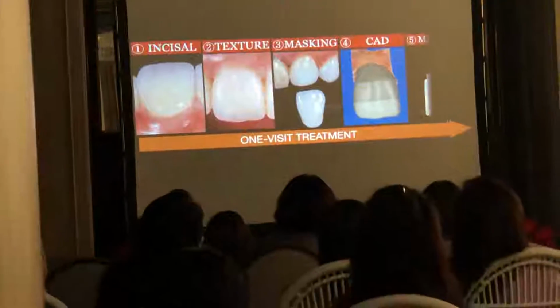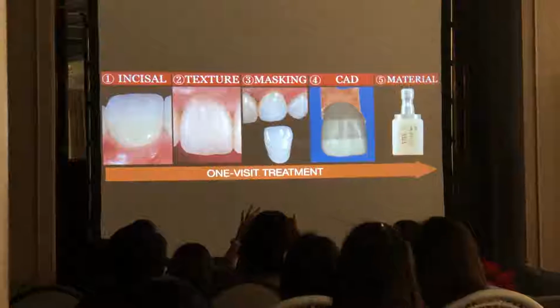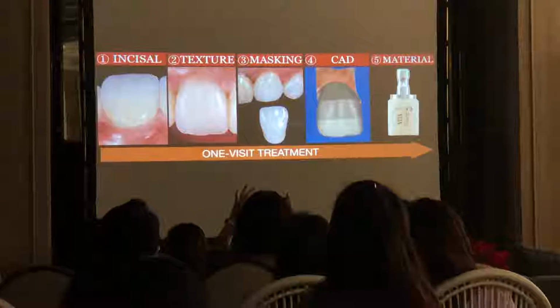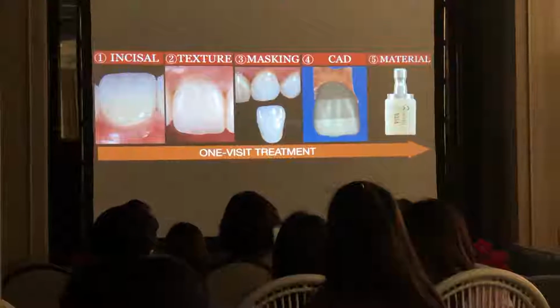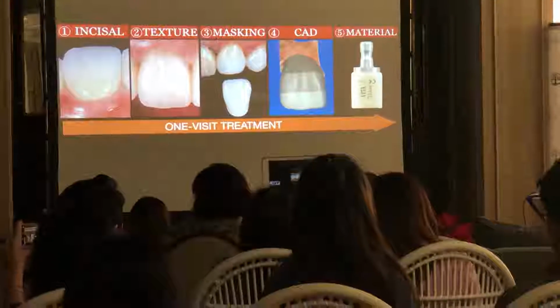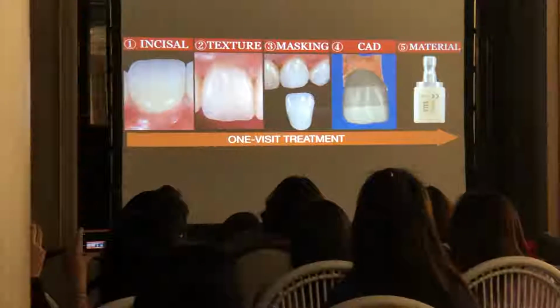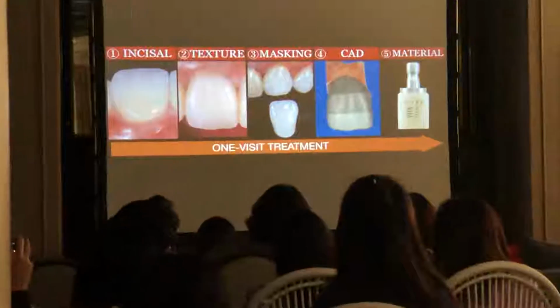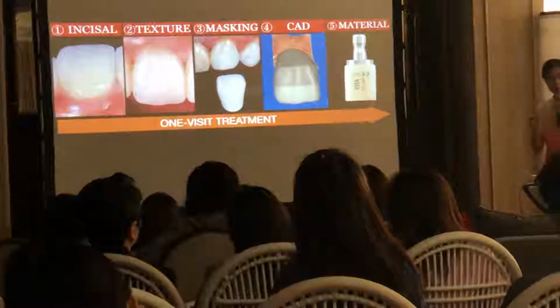So if you want to have very correct material selection, you do not necessarily need to have as much experience as I do, because after all, we can have over 500 restorations per month. So I have lots of experience.